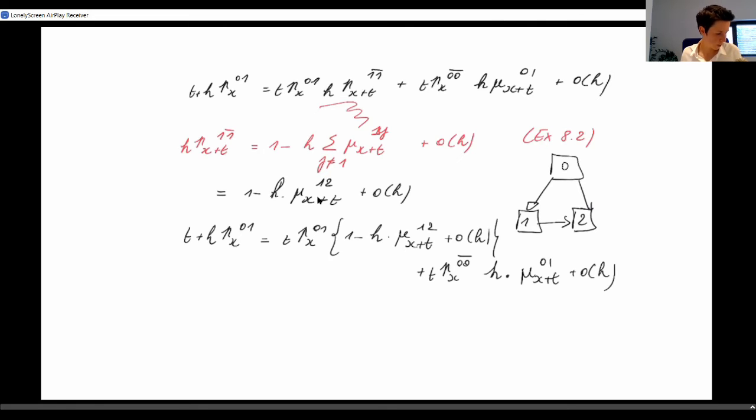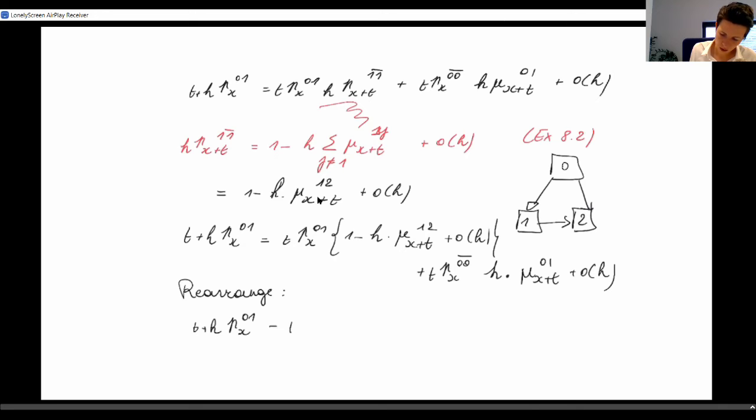What am I going to do now? Same operations as before. I'm going to bring this to the other side, divide by h, and later also take the limit for h running to 0.